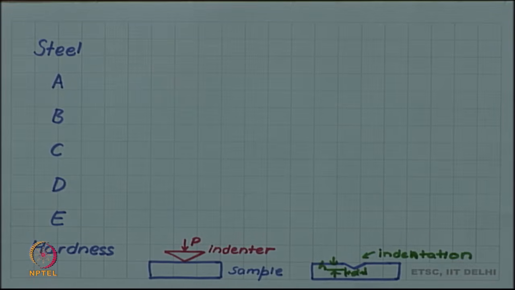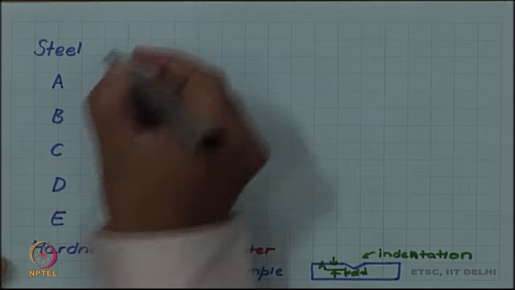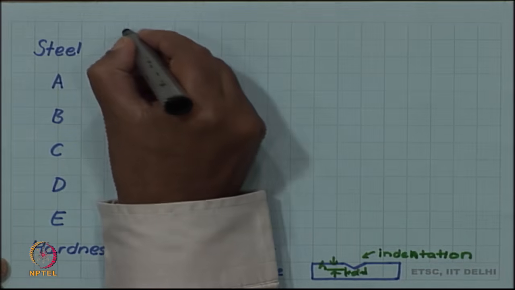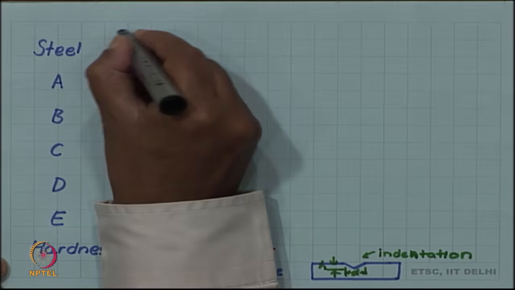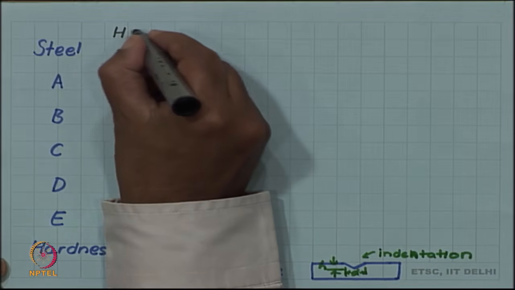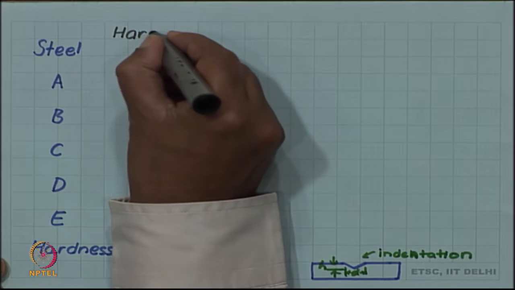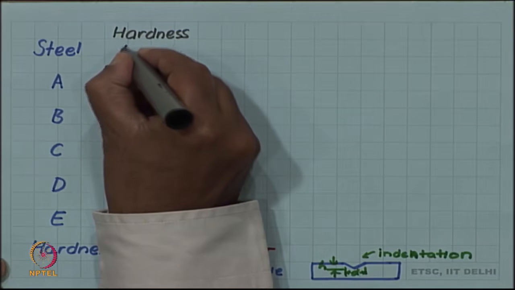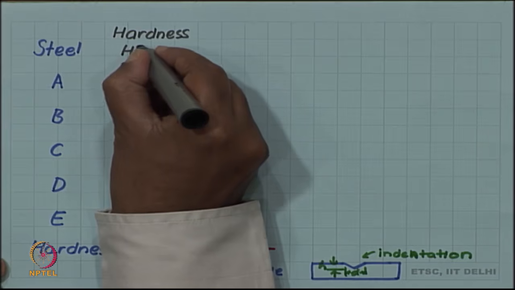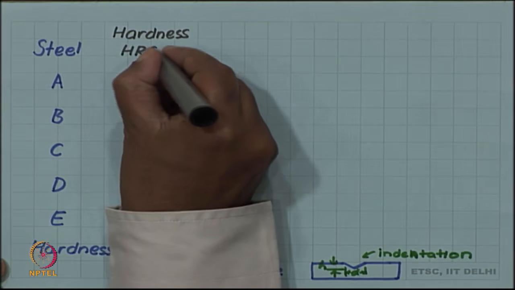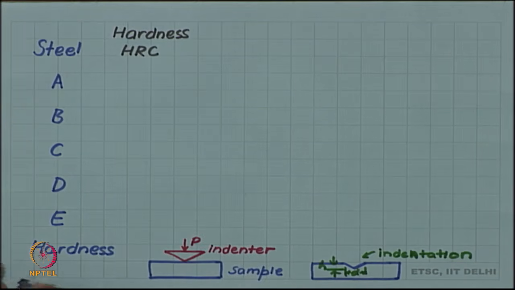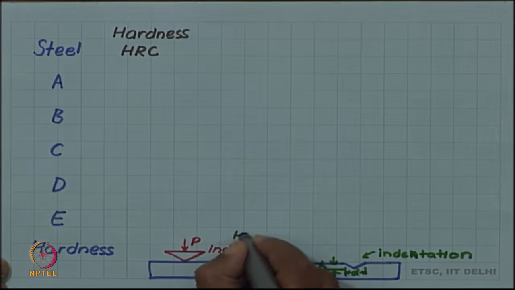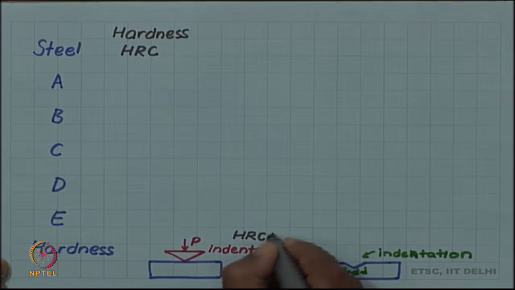Let us say that we are measuring their hardness in a Rockwell C scale. That is one of the scales of hardness, HRC.